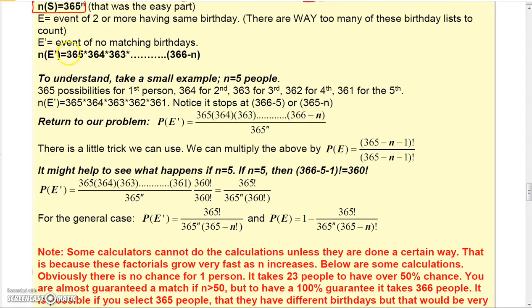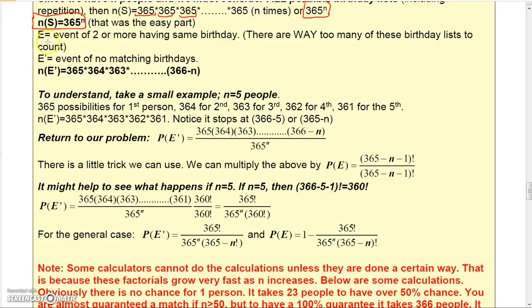Now we've got the denominator, so let's talk about the numerator. Let's say E is the event of 2 or more having the same birthday. Well, I said that's too hard to calculate. So let's let E prime be the event of no matching birthdays. Well, it turns out that if you start to count those numbers, we could say person A can be born on 365 days, but no matching birthdays means no repetition.